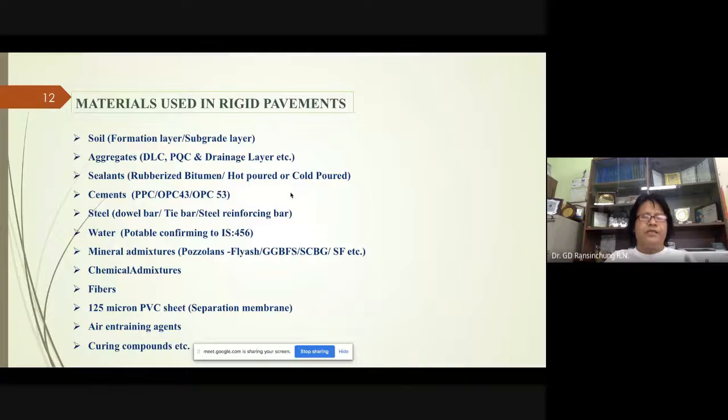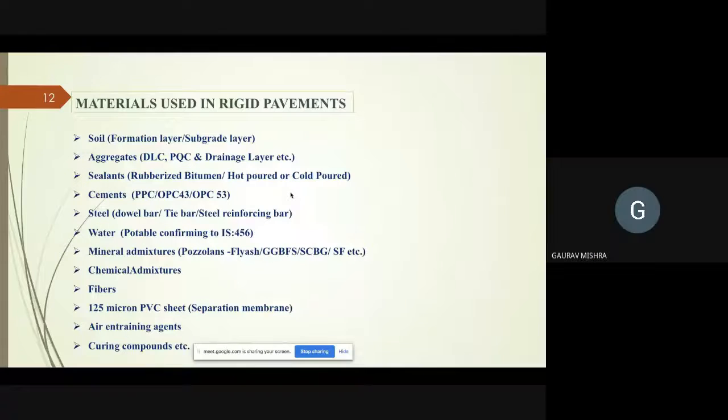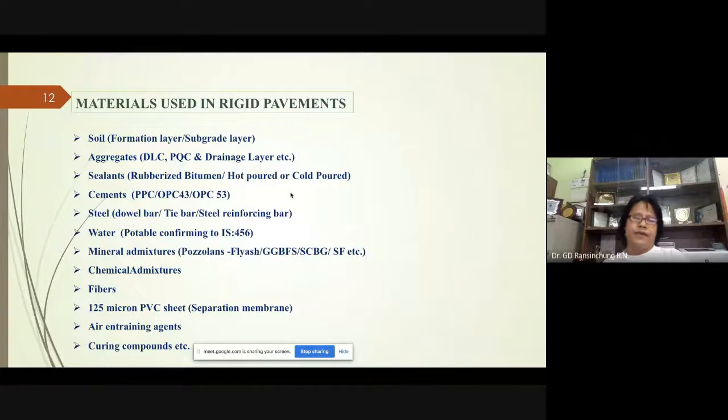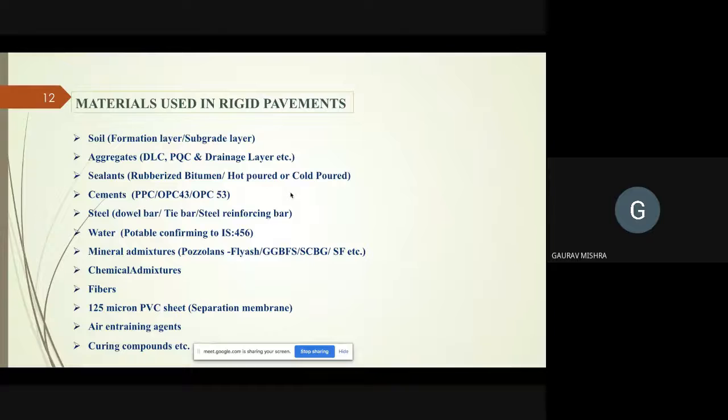This is my personal experience: whenever I get a request from the MES or Air Force stations, they always prefer to recommend fibers, to control shrinkage cracking and post cracking.